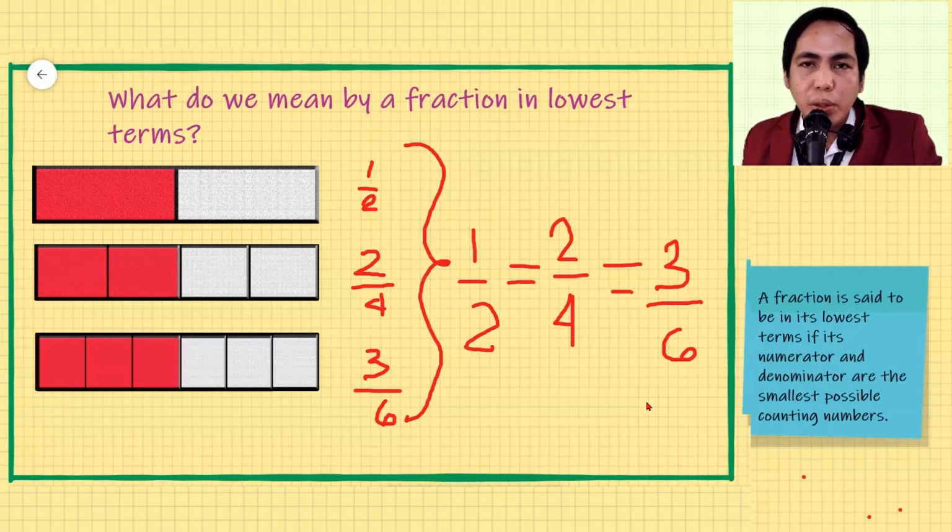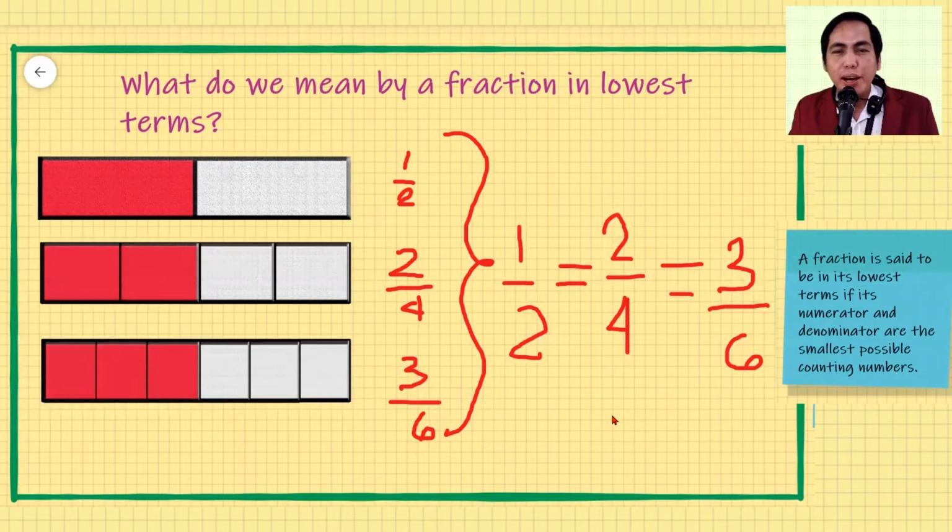The answer is no. Why? Because we might be using the smallest possible number, but the value of the fraction is not equivalent. So we need to consider the value of the fraction. They must be equivalent, and one of the fractions uses the smallest possible number.